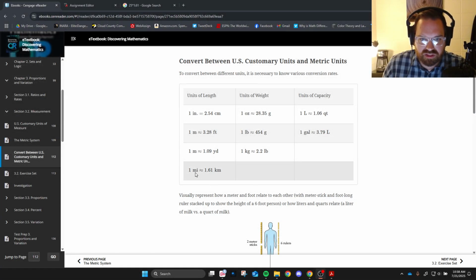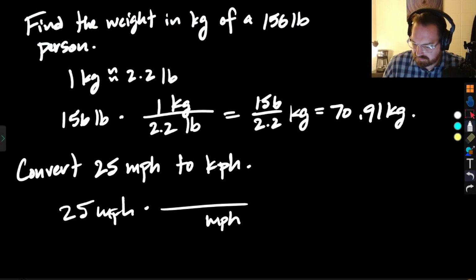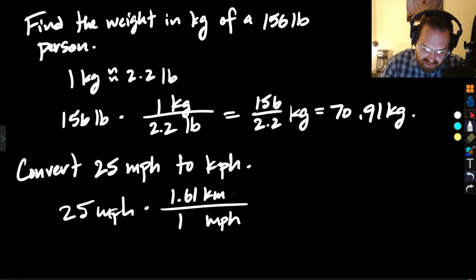What was it? 1 mile is 1.61 kilometers, okay? So 1 mile here is 1.61 kilometers per hour here. So the difference is really just because it's dealing with velocity, it's a rate, not a ratio, like what we had in the previous sections.